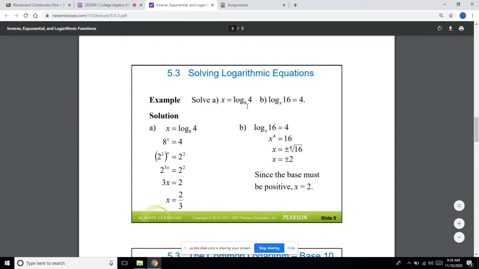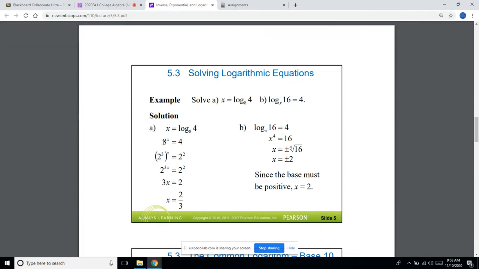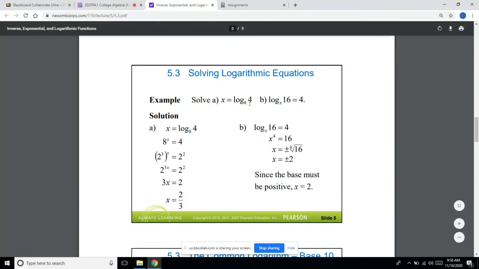Notice that the base of our log is 8. When we convert that to an exponential, the base of our exponent is 8. Since this log is equal to x, we're going to raise 8 to the power of x, and we're going to set that equal to 4 because 4 is the argument of our log.